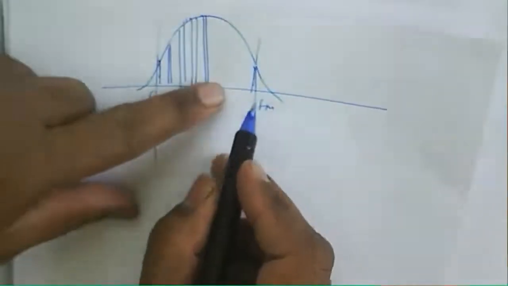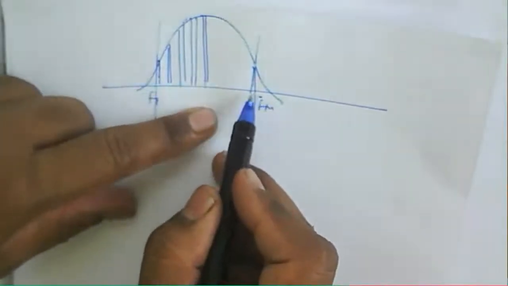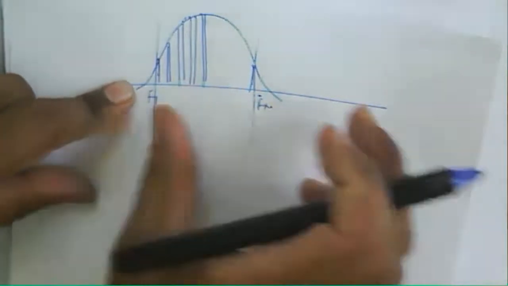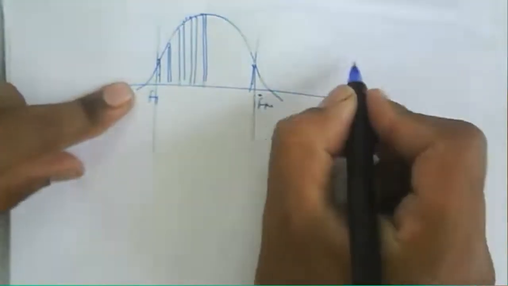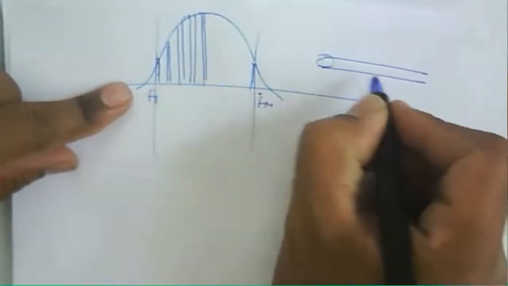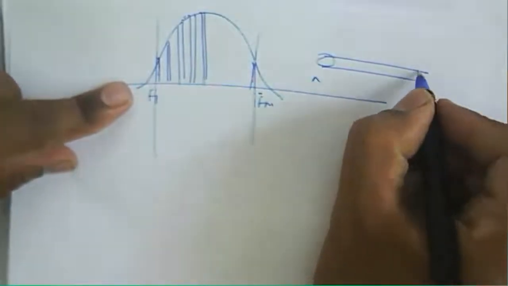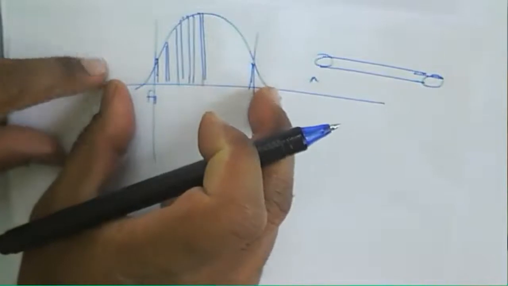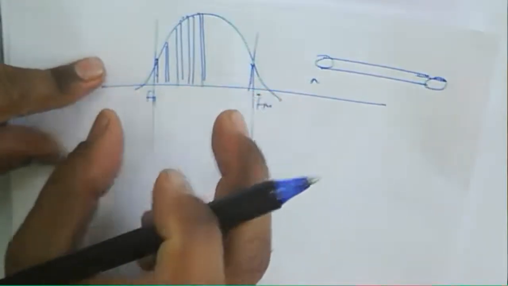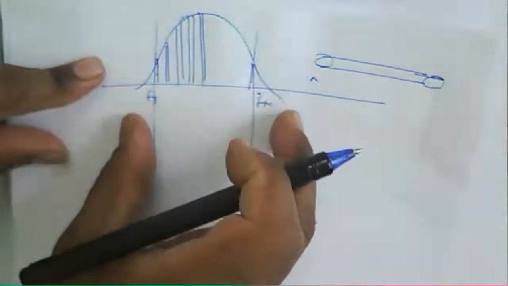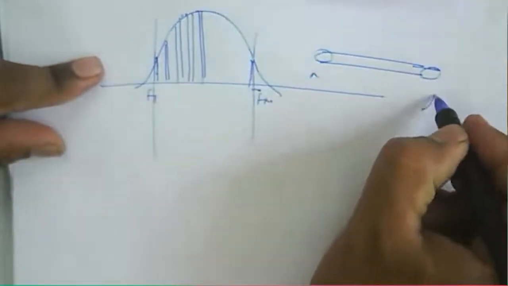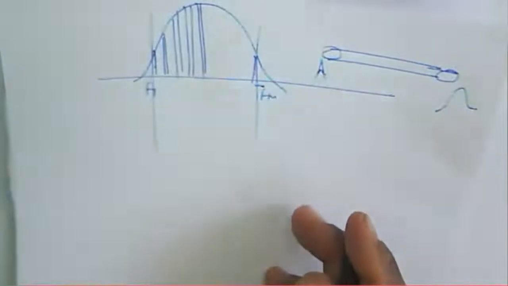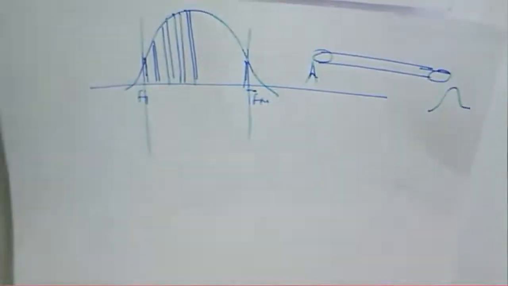Some frequency components will come faster and some will come late, meaning the slowest and fastest components, when we transmit the signal through the fiber. So that's why pulse broadening takes place when we transmit a simple pulse through the fiber.